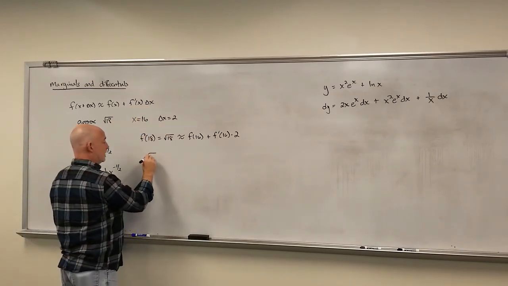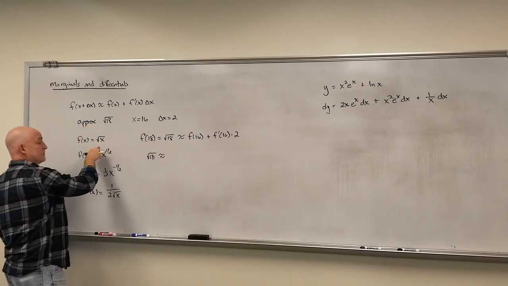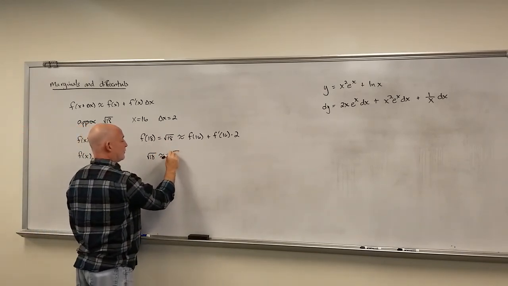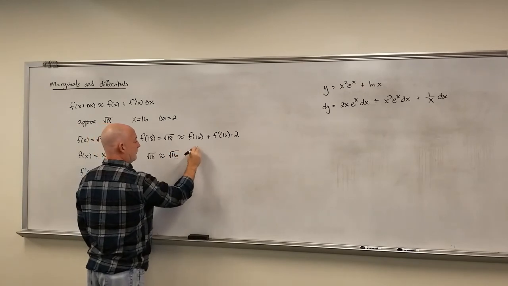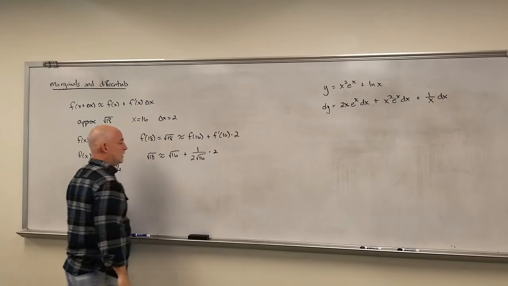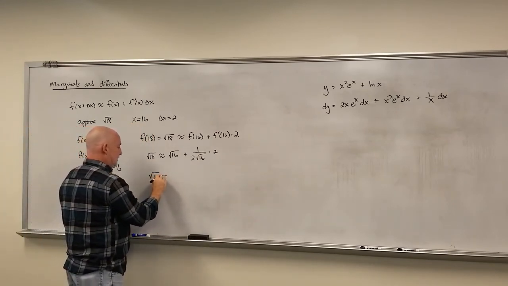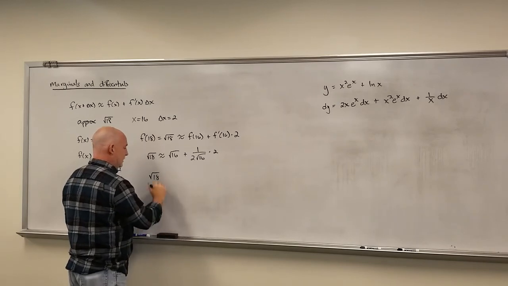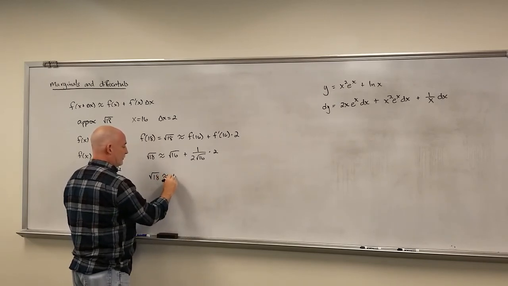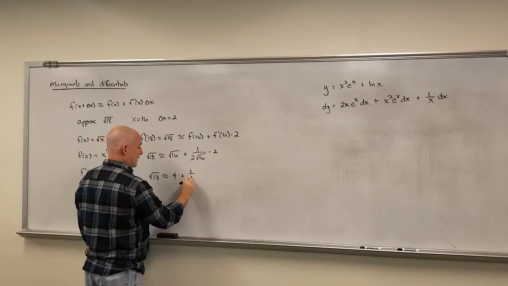Okay, so the square root of 18 is approximately, well, our function f was the square root, so it's going to be about the square root of 16 plus 1 over 2 square roots of 16 times 2. So the square root of 18 is approximately equal to, well, square root of 16 is 4, plus the 2 and the 1/2 cancel, so that's 1/4.